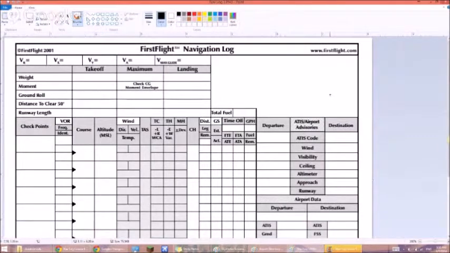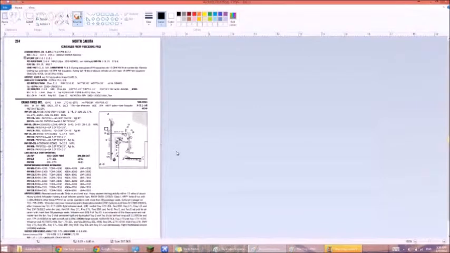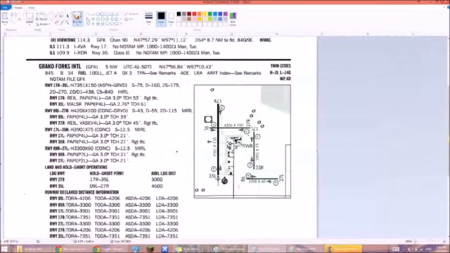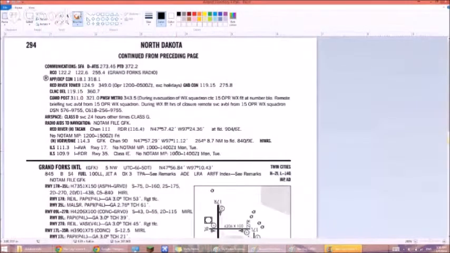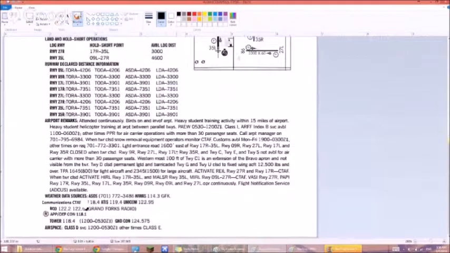Alright, so next we're going to go over how to draw the airport diagram, and that goes up in here. And we're going to find that in our AFD. So I will take you over there right now. Alright, so here's the page of our AFD. We're going to use Grand Forks International for this airport diagram.